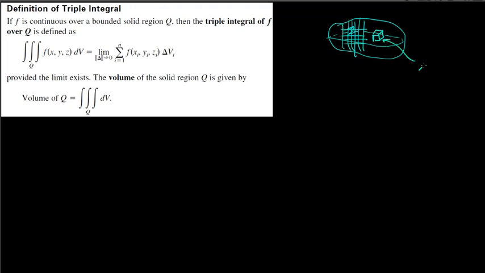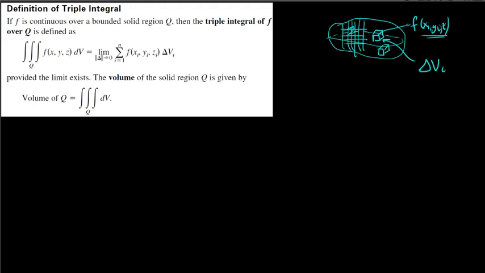So that is your delta V_i. And over that small cube, you have some function that has some value there, right? And at each cube might have a different value. That's why it's a function of position. And you're just adding all these up, right?